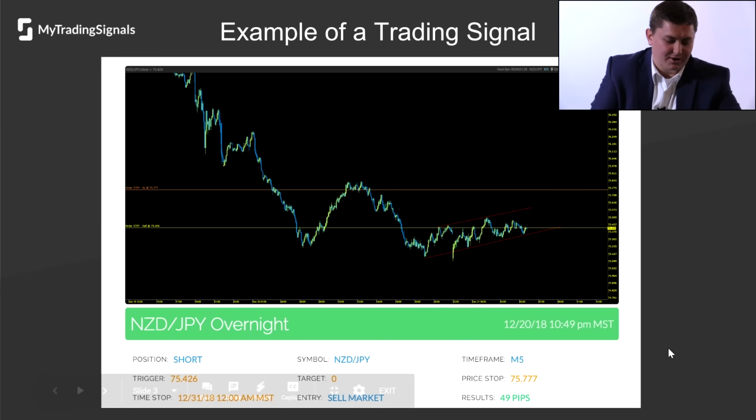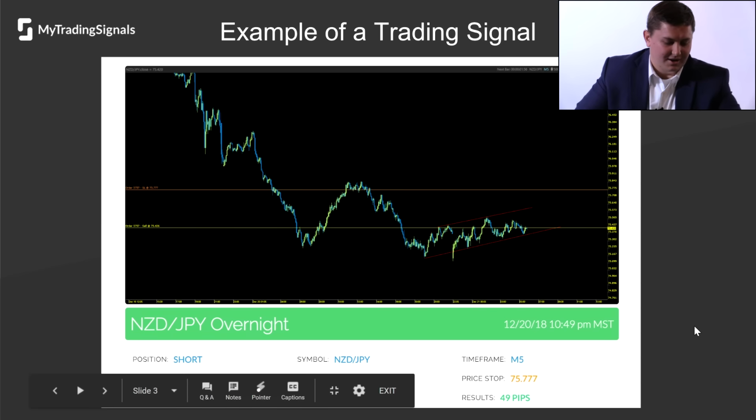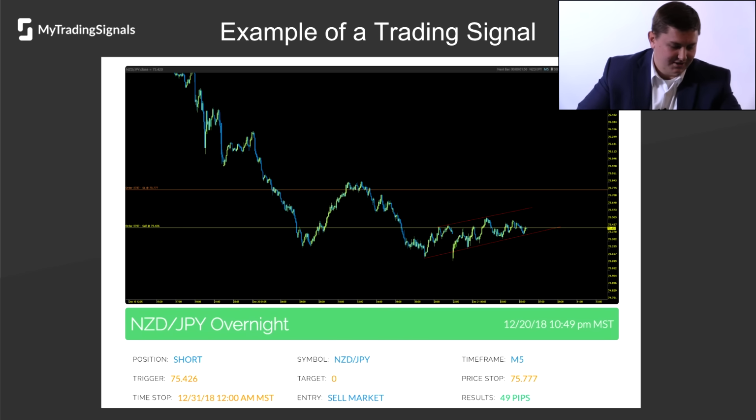It comes with the time frame that we took the trade, the stop loss, and the trigger, where to enter the trade, at what point. It tells you a time stop, how long that trade is valid for. We also give you a type of entry, whether we enter that trade through a sell market, a buy market, or through a stop or limit order.